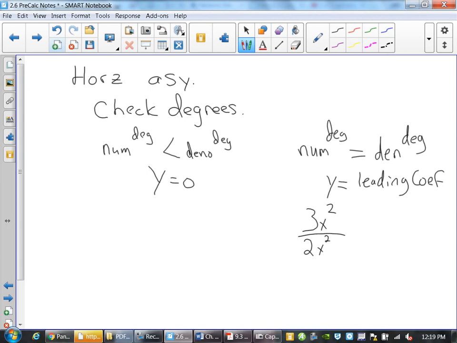First one is y equals 0 if the degree of the top is smaller than the degree of the bottom. If they have the same degree, the asymptote occurs at their coefficients. So if it winds up being like 3x squared over 2x squared, the asymptote would be at y equals 3 over 2. Okay, that's what that would look like.